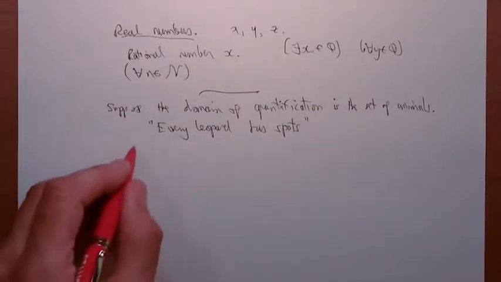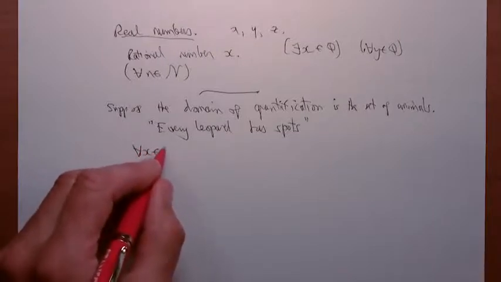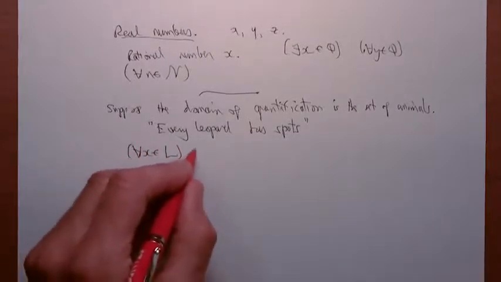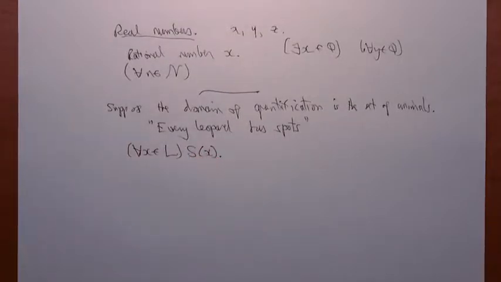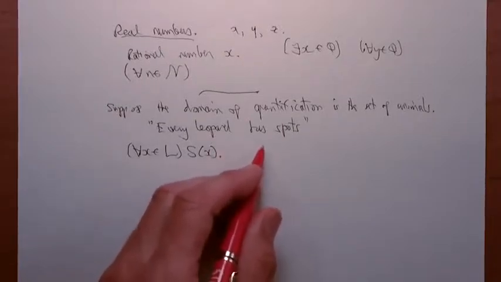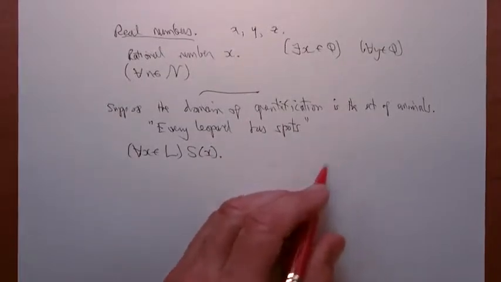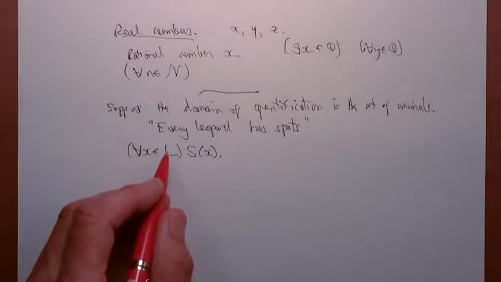Well, I suppose I could say, for all x in the set of leopards, x has spots. But in the next sentence, I might want to talk about tigers, and then giraffes, and then who knows what. And very soon, I could have a whole range of different domains of quantification floating around. And that's not very clean, it's not very nice, and it's certainly not very sensible.